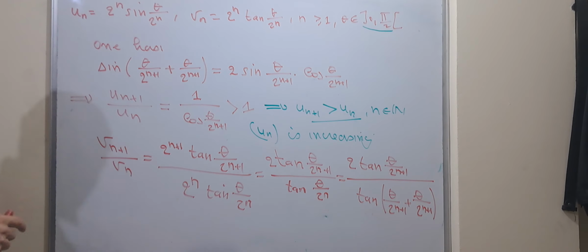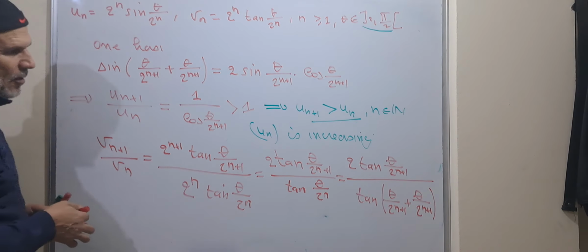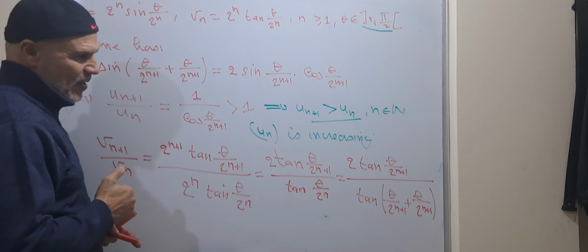We use the same technique, basic information. We can write tangent as sine over cosine.